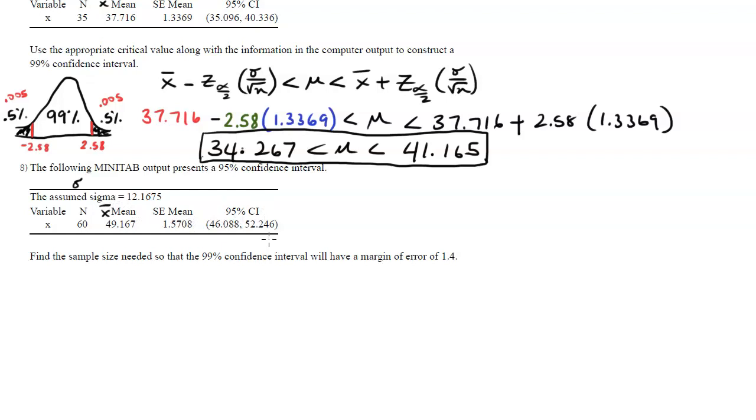Standard error of the mean, etc., etc. Now this problem is asking us to find the sample size needed so that this 99% confidence interval will have a 1.4 margin of error. The margin of error is this here. It's the sample mean minus the margin of error, sample mean plus the margin of error. So this here, the standard error of the mean times the critical value, that's our margin of error.